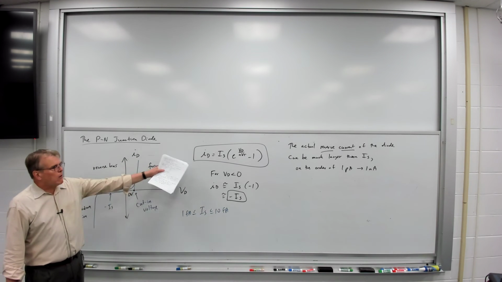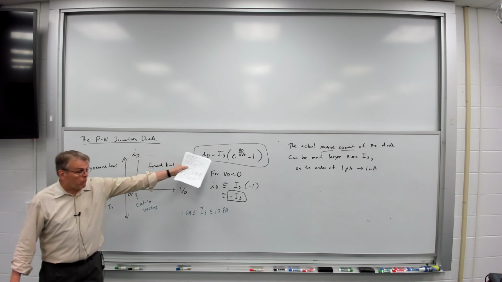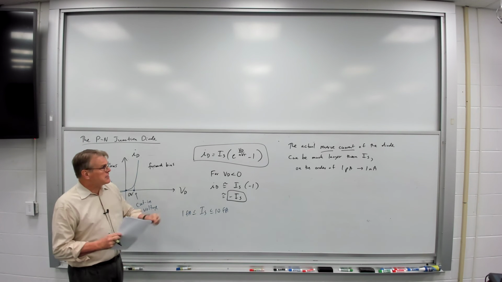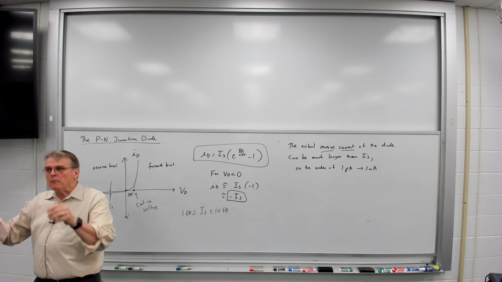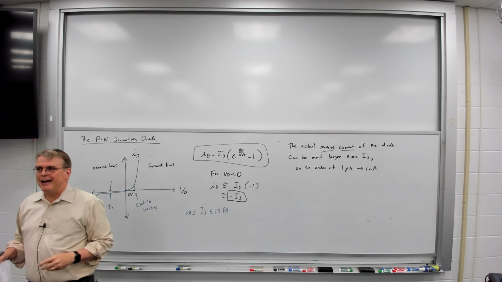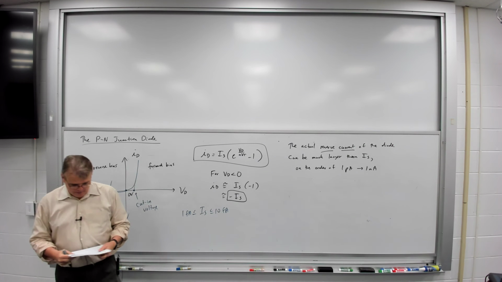Well, that's because there are other things going on in an actual physical diode that are not accounted for in that equation. This is an equation that is derived from the behavior of an ideal p-n junction, so to speak, without any contaminants or any other factors or places for currents to flow.